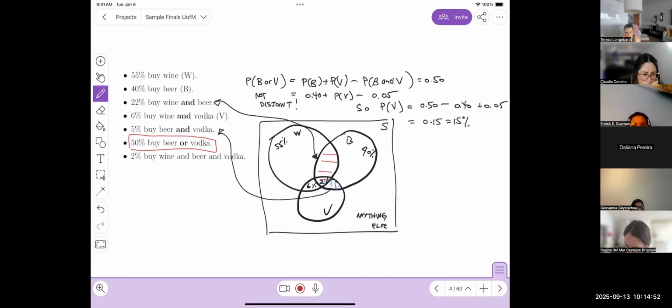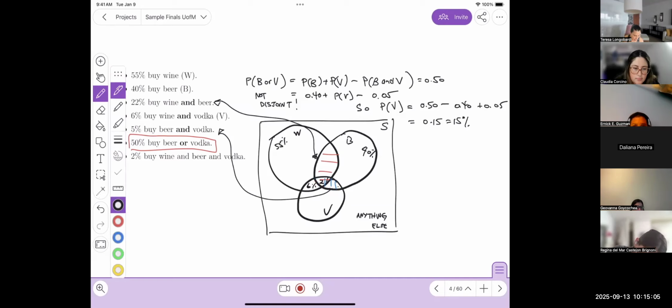The point is that that 5% is not just this piece, it's the whole thing. And then this 6%, what's this? Wine and vodka, the same sort of thing here. So the only one you know is the middle 2%.